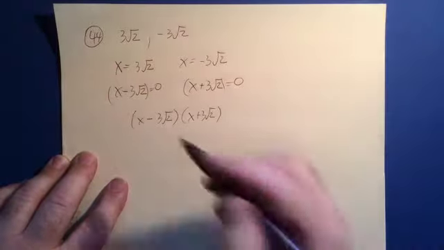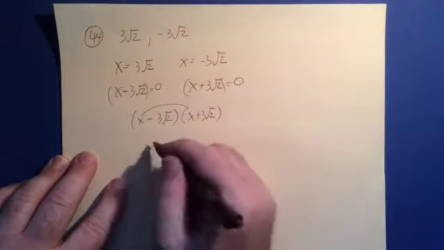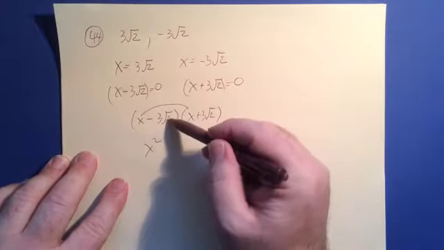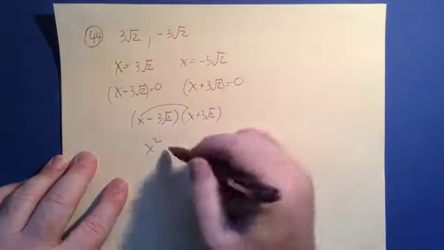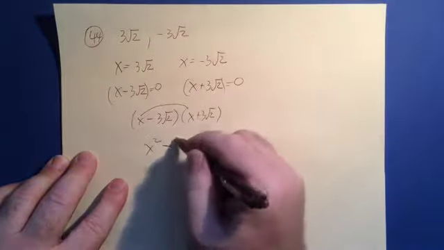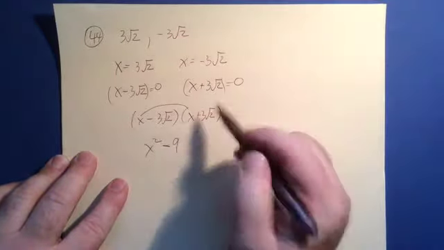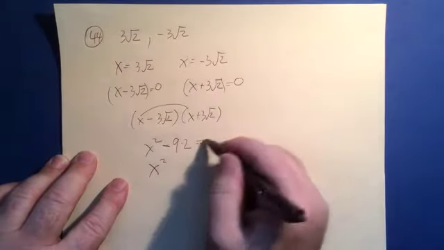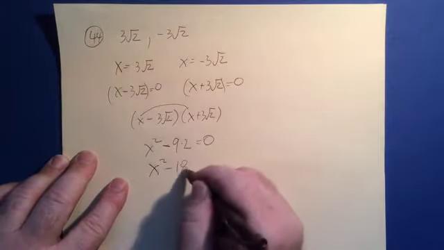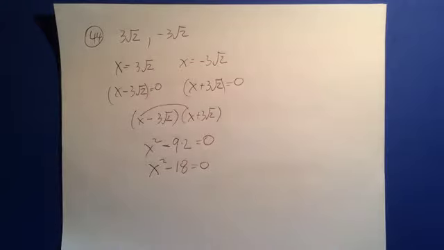So x times x would be x squared. Then negative 3 radical 2 times positive 3 radical 2 is going to be negative. 3 times 3 is 9. Radical 2 times radical 2 is 2, so it simplifies to x squared minus 18 is equal to 0. And that's how we obtain the solution to those questions here.